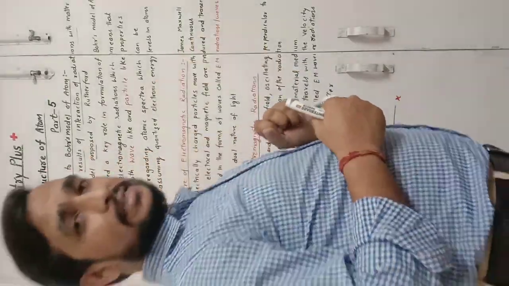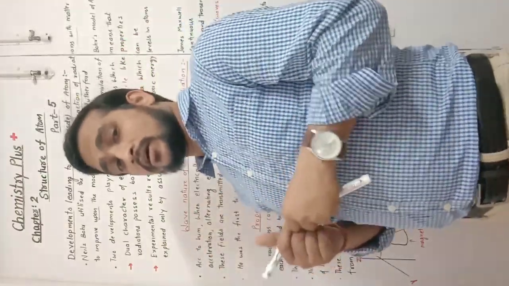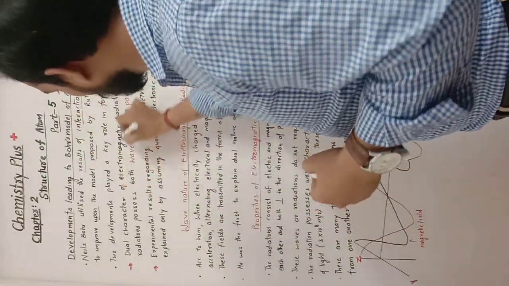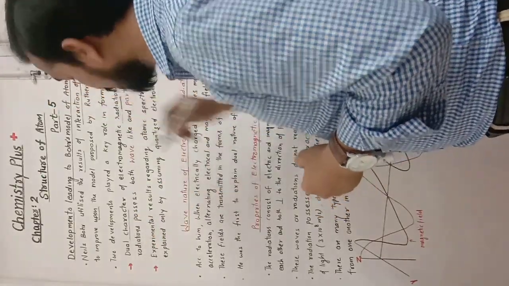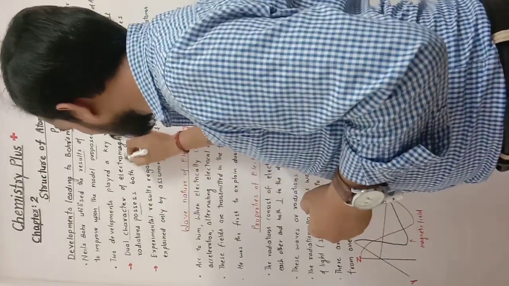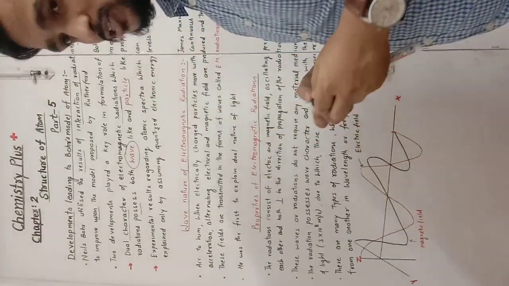The very first one is that the radiations emitted by matter show the dual character of electromagnetic radiations, which means the radiations possess both wave-like nature as well as particle-like nature.